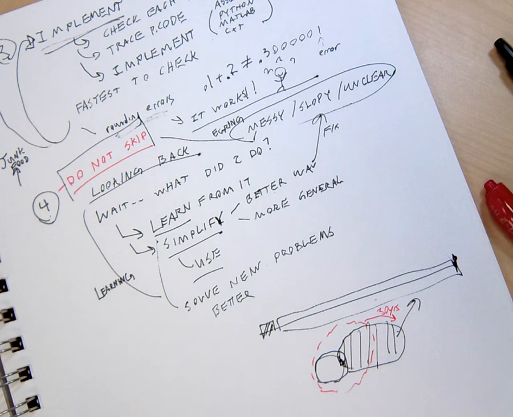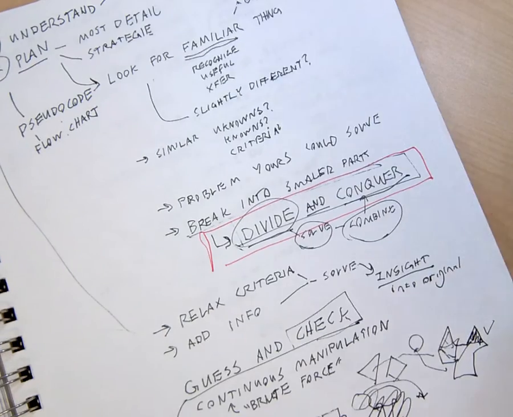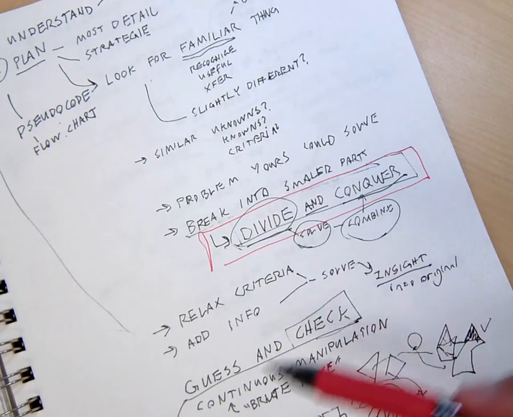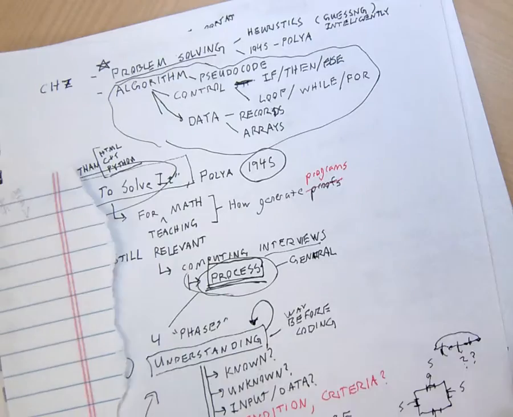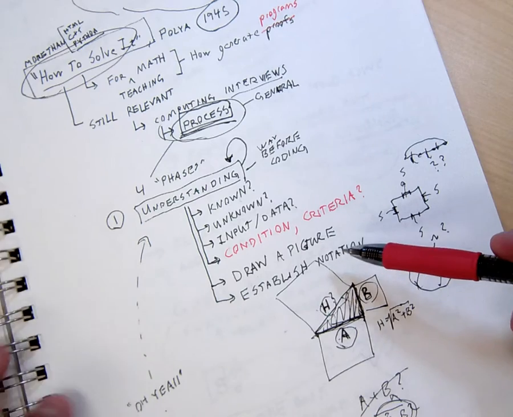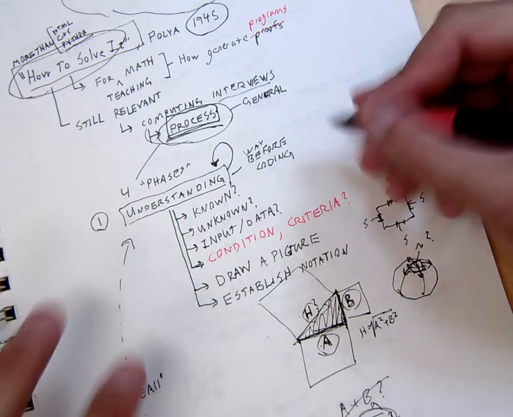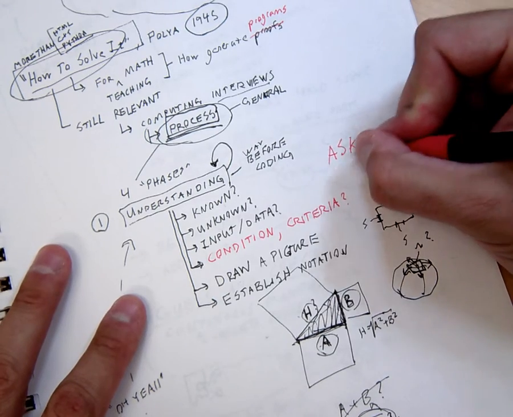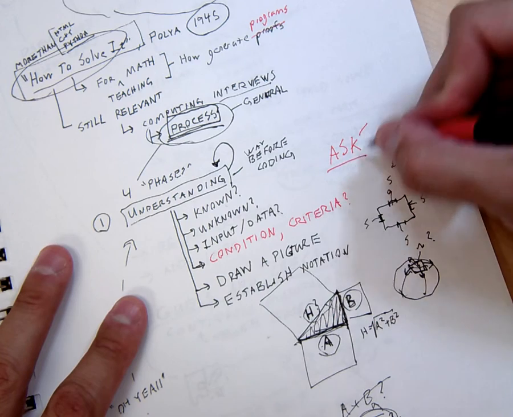What you want to do, just reviewing here: understand the problem, very important. Understanding what's known, what's unknown. Ask a lot of questions. But also ask smart questions.